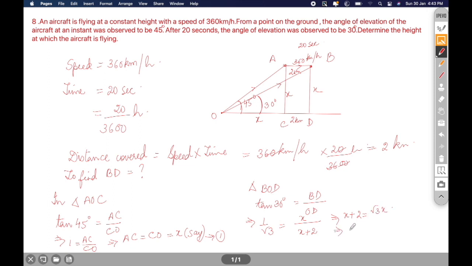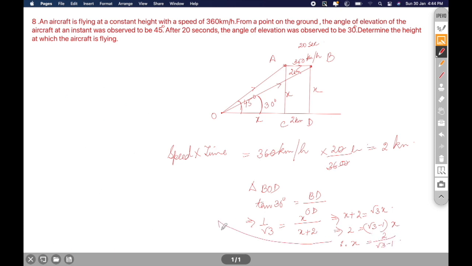This gives 2 equals (root 3 minus 1) into X. Therefore, X equals 2 by (root 3 minus 1).